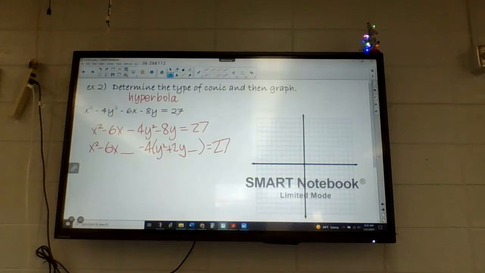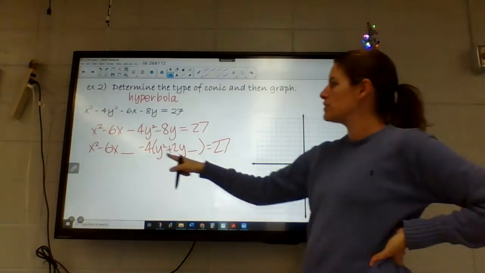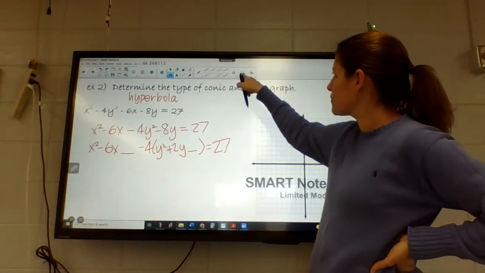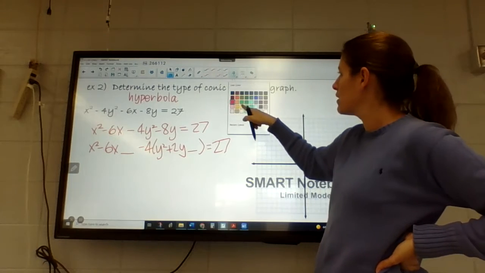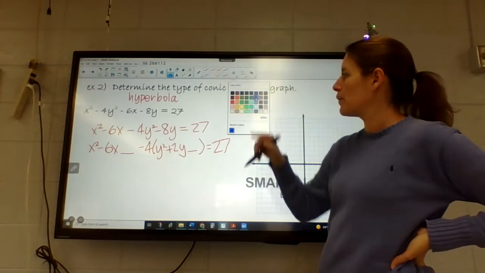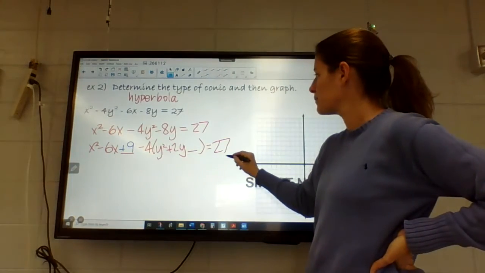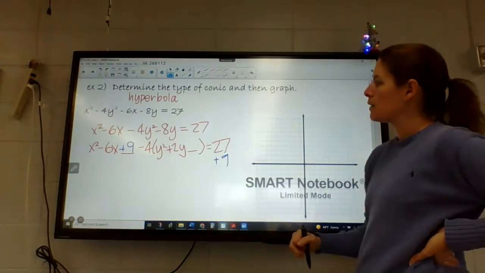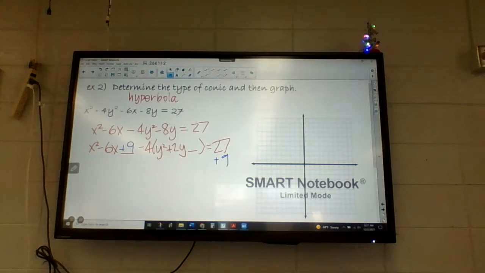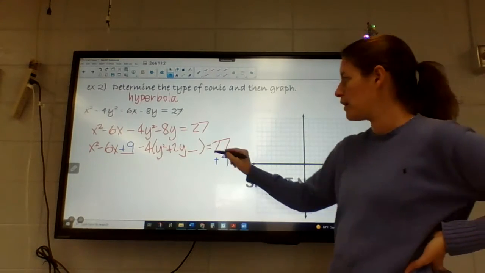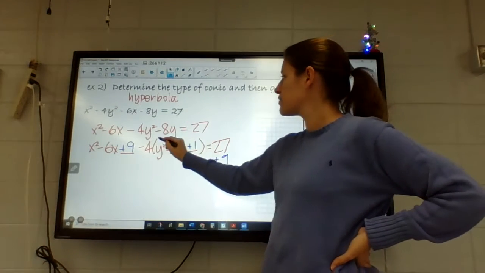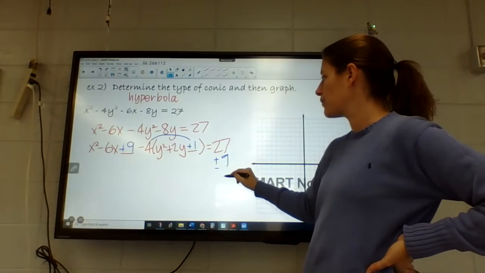So that made both of those positive. So we need to do -6 divided by 2 squared, which is going to be 9. Then 2 divided by 2 is 1 squared, is just 1. But I have to multiply it by a -4.